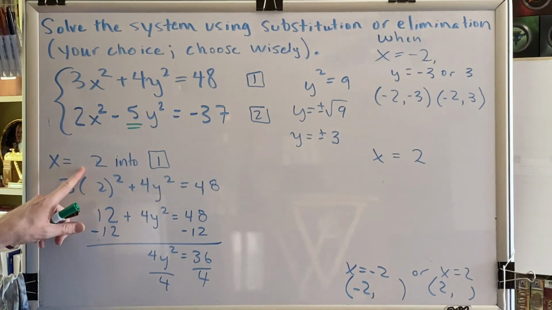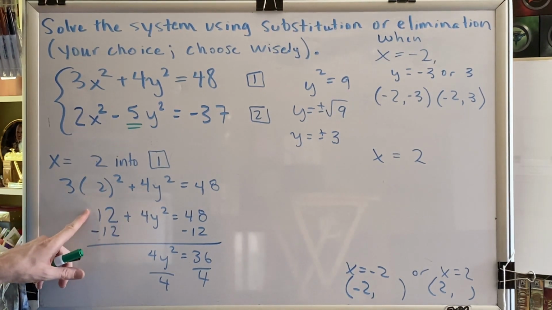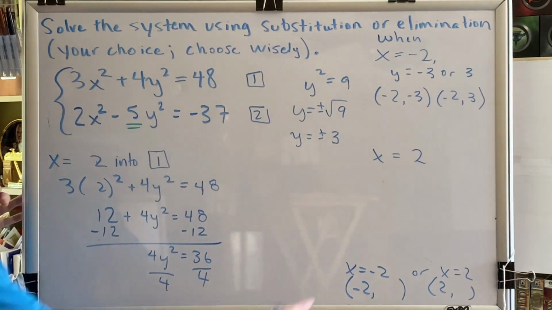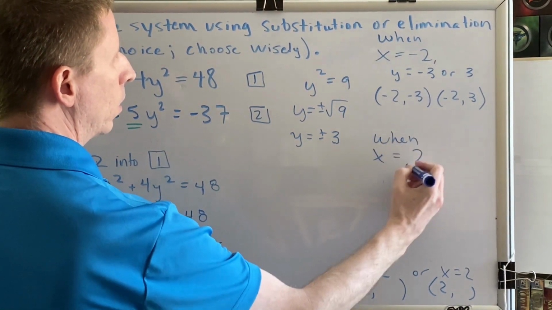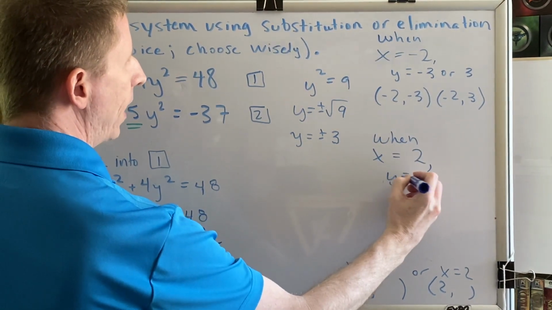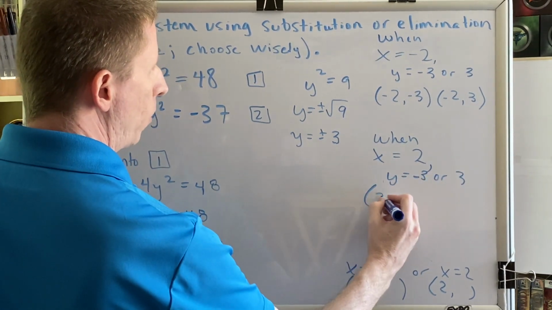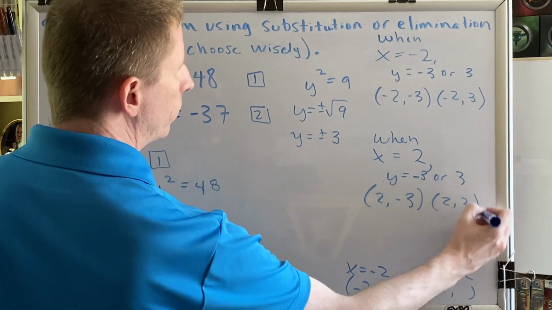So when x is 2, 2 squared is 4 times 3 is 12, and the rest of the algebra is identical. Which means, when x is positive 2, y is again negative 3 or positive 3. And we get the ordered pairs 2, negative 3 and 2, 3.